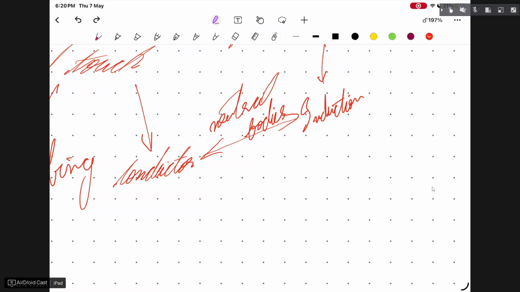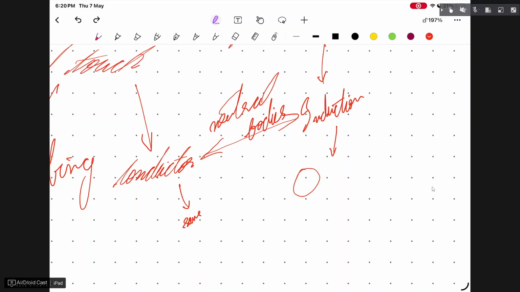In conduction, you give the same charge as your charged body, but in induction, it divides the charge into two parts.